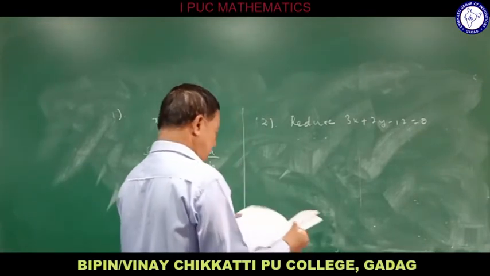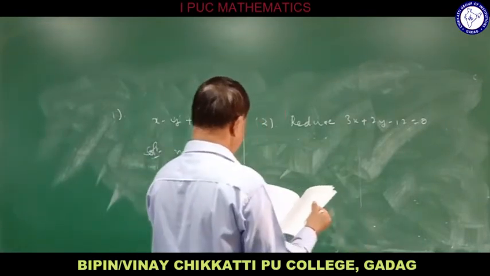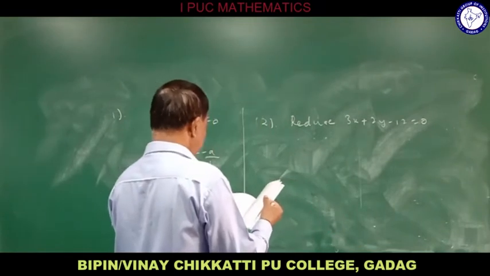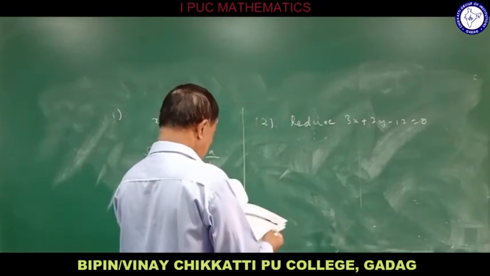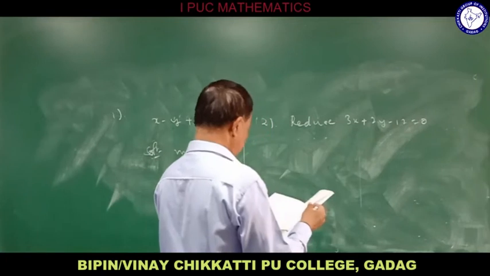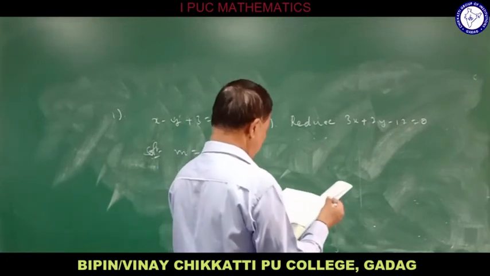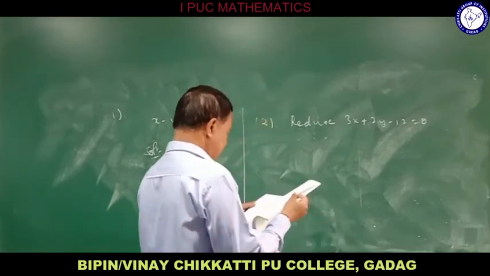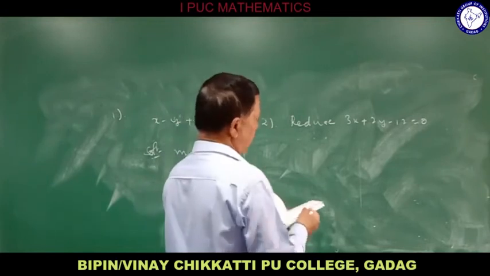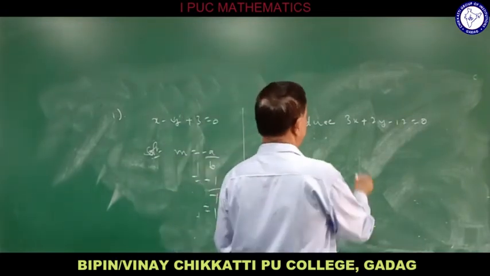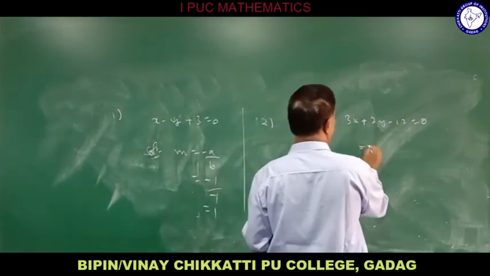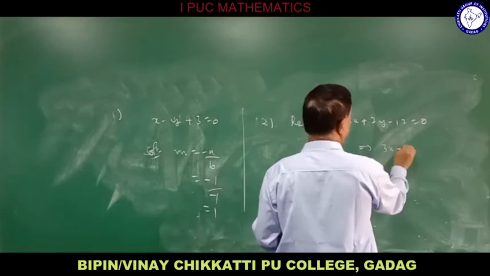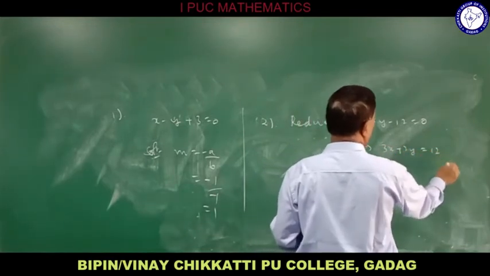And accordingly when you see the answer here, look how you are reducing this. What is the answer you have written? This can be written as 3x plus 2y is equal to 12.